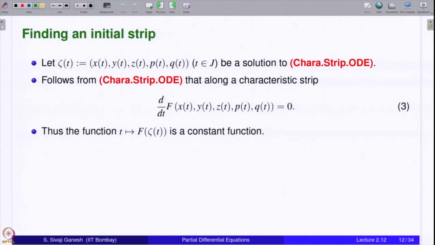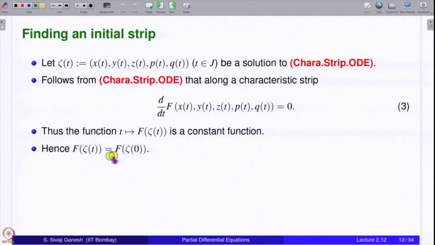So, that means this function, t going to F of zeta t, is a constant function, because its derivative is 0, it has to be constant. If it is constant, it will be equal to F of zeta of t naught for any t naught, but I will choose t equal to 0, because t equal to 0 is where I am going to stay on the datum curve, at least x0, y0, z0 will be on the datum curve.